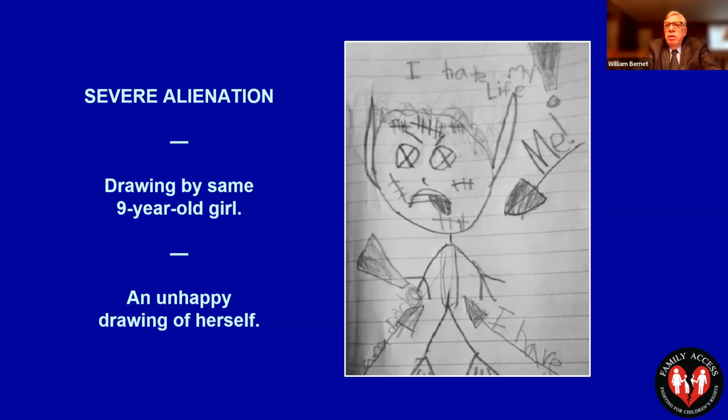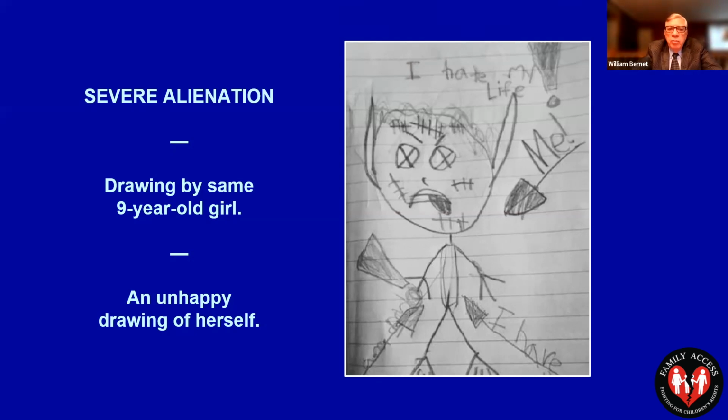I mean, if you were doing an evaluation of a child, and in the course of the evaluation the child drew a picture like this, the evaluator would be really, really concerned about the safety of the child because she looks so unhappy and it's so unclear as to what might happen next.